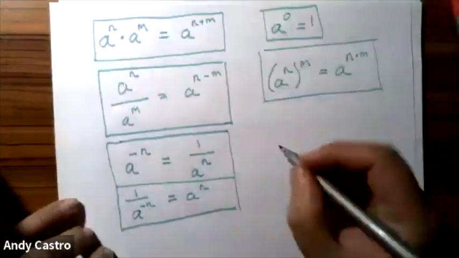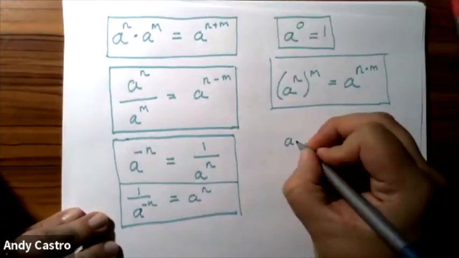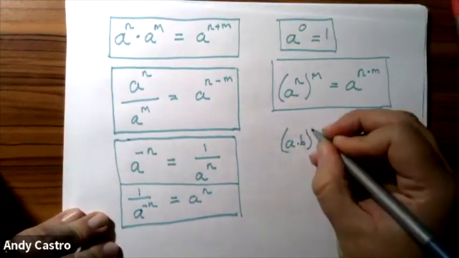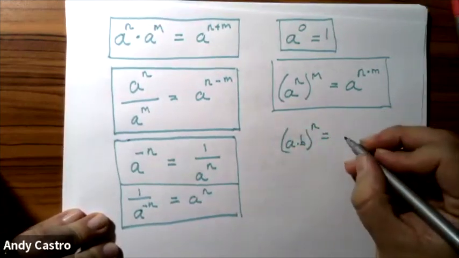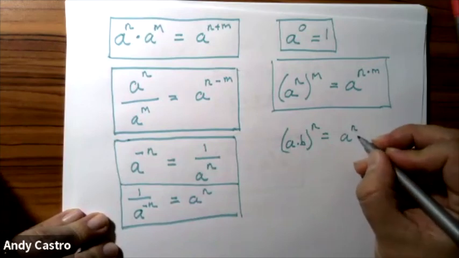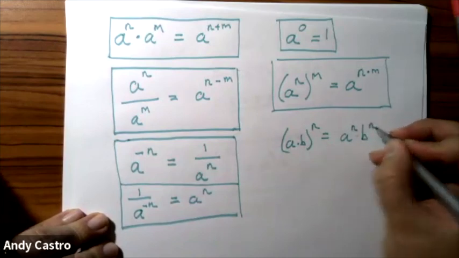So let's add that one here. a times b raised to the nth power becomes a to the nth times b to the nth.